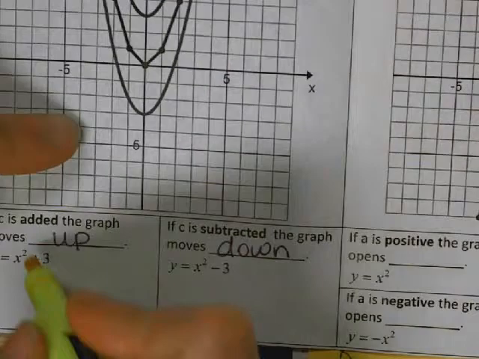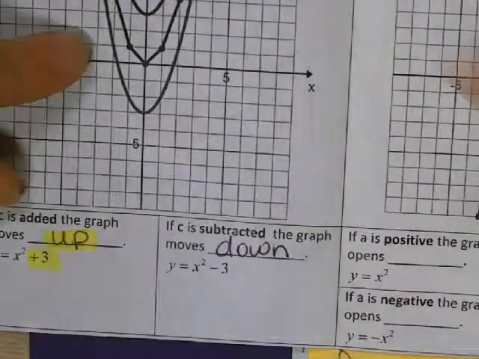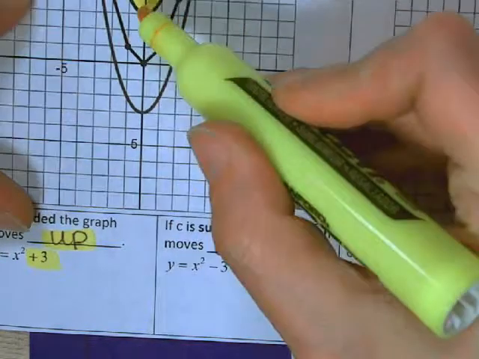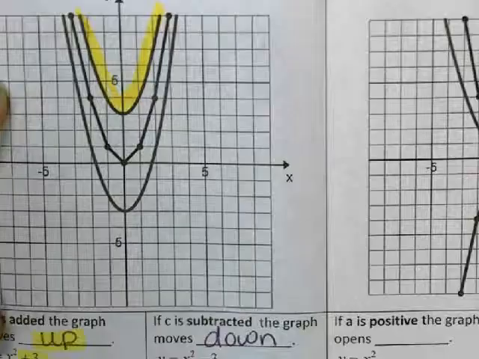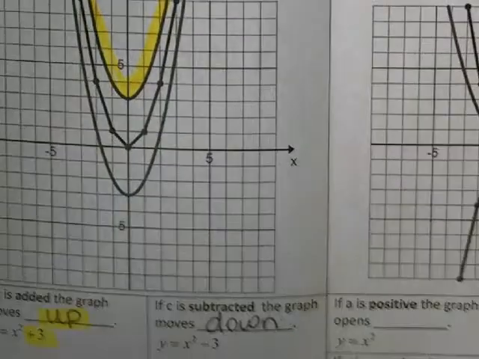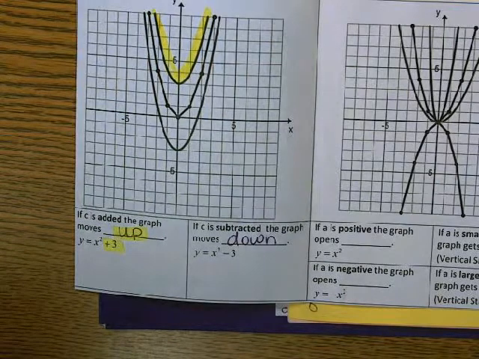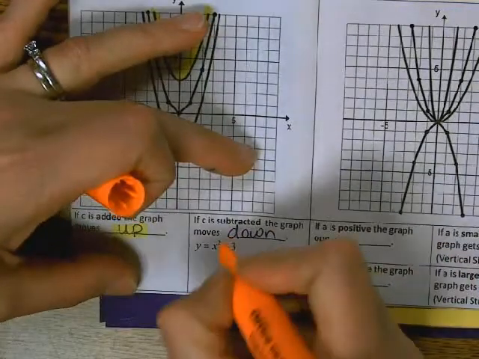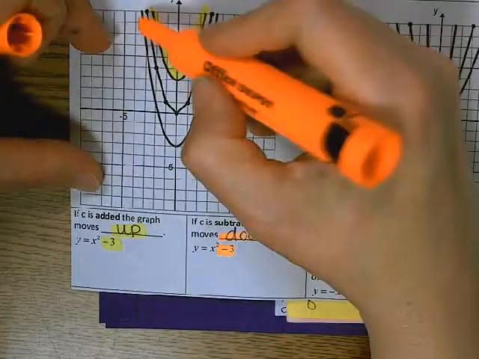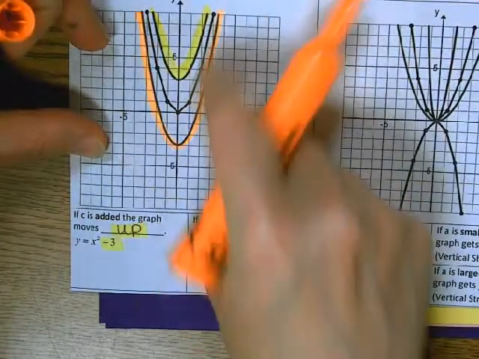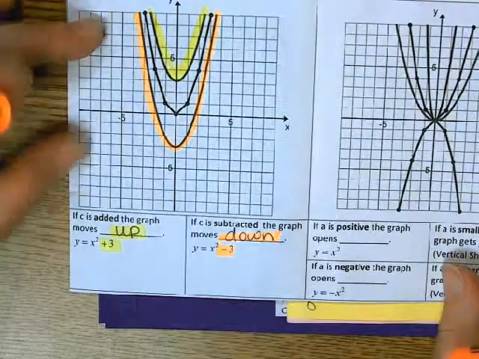So right here, plus 3, that means the graph moves up from its original form. So see how it moved up to 3 on the graph up here? And then if we're going to subtract 3 at the end of it, it's going to move down. So see how this graph is 3 below our original one, which went through the origin.